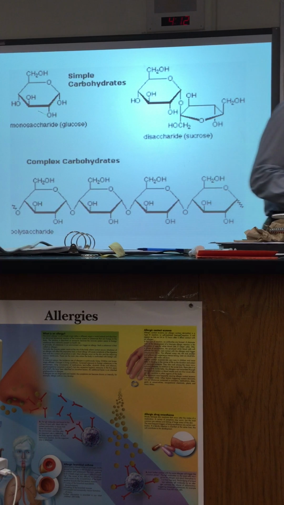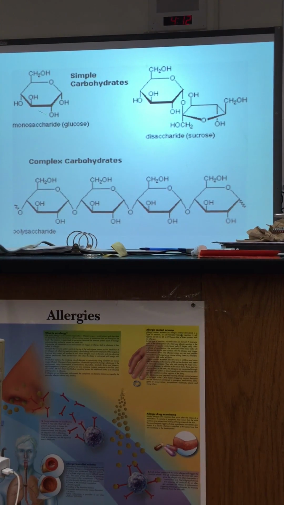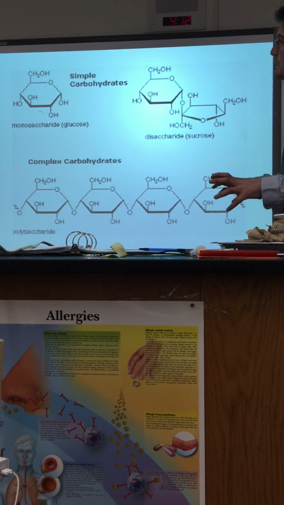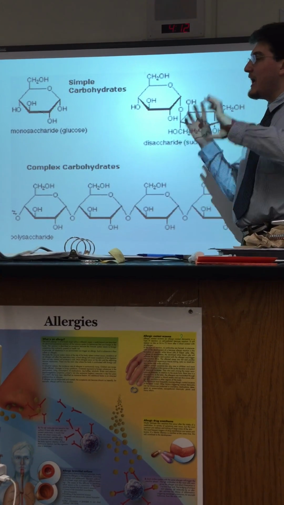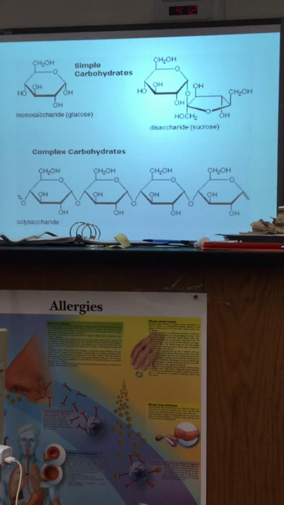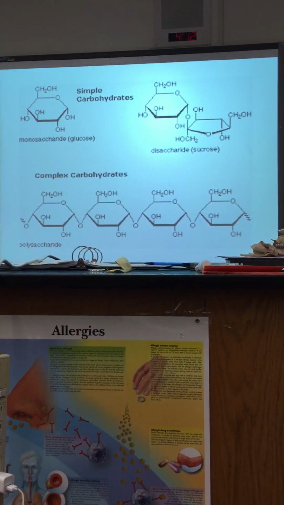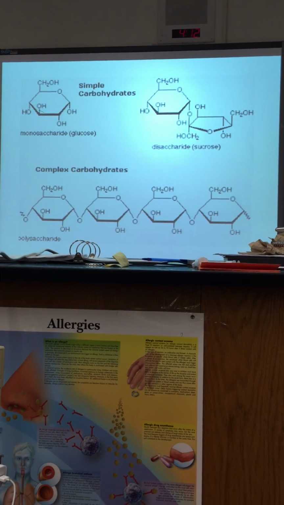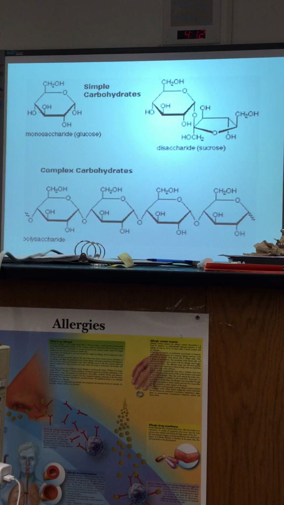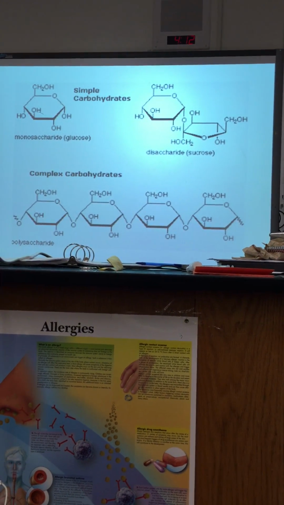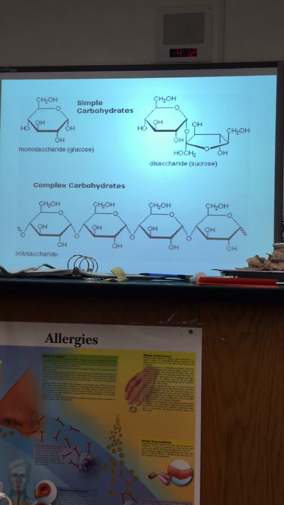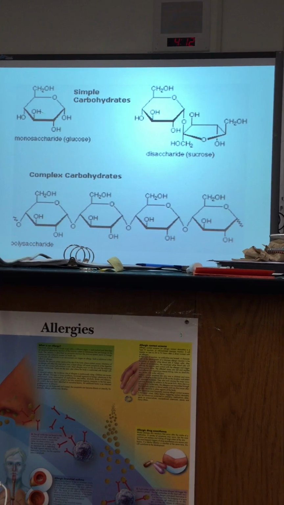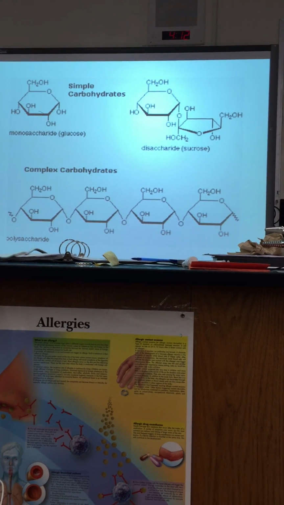Simple carbohydrates are when you put together monosaccharides and get a disaccharide. Those are simple. Complex carbohydrates are polysaccharides. The more units you add, the more complicated it becomes. The more parts you have, the more complex the machine.